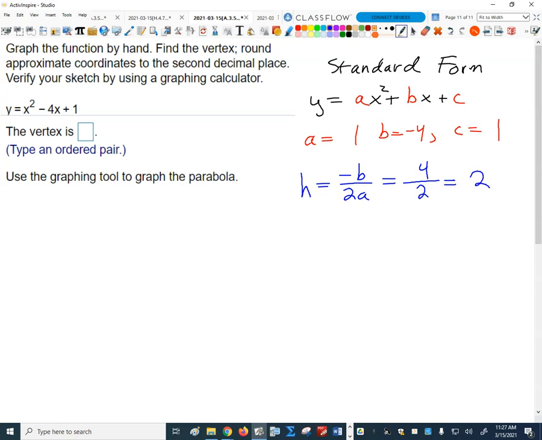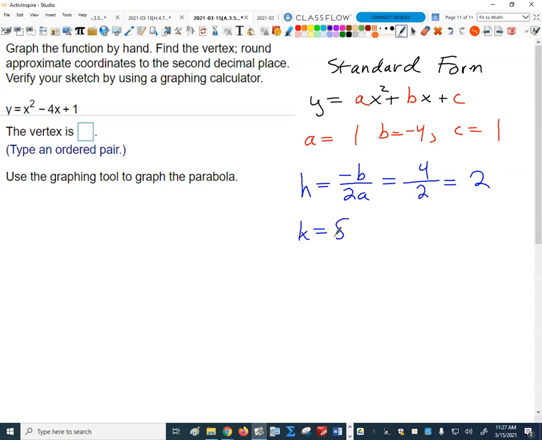What's the formula for calculating k? Okay, good. To find the y coordinate, I just plug x into the function, right?